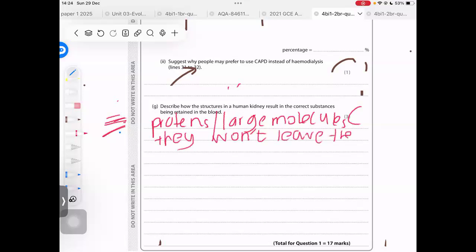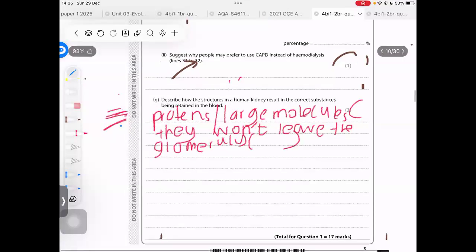So you can see they are retained in the blood, right? Because if they leave the glomerulus and enter the Bowman's capsule, they will be excreted, right? So because they are large, they won't leave the glomerulus. Or you can write in the converse manner, they won't enter the Bowman's capsule, right? Something like that. That is the first description.